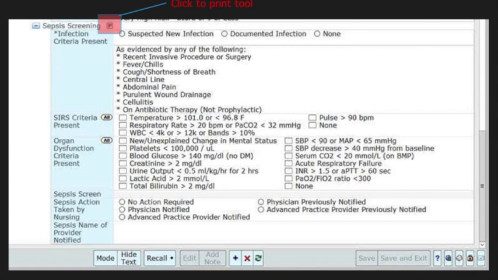If you click on that, it's going to print off a tool that is going to guide you through the next steps when the physician gives you orders, and also cues you to ask for orders that might be appropriate.